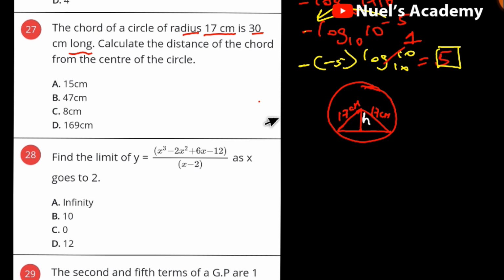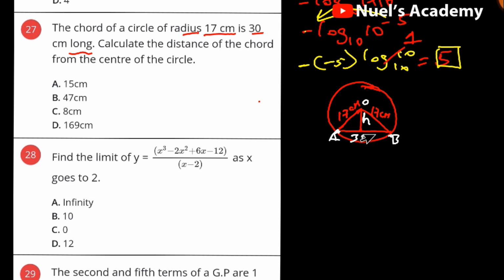Alright, so we have that the chord of the circle of radius 17 is 30 cm long. So from this point to this point, let me name them A, B, and here O. Then AB is equal to 30 cm. Now this height bisects the line AB at the middle.